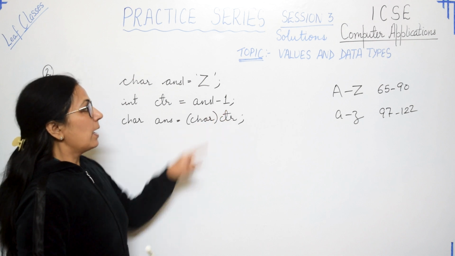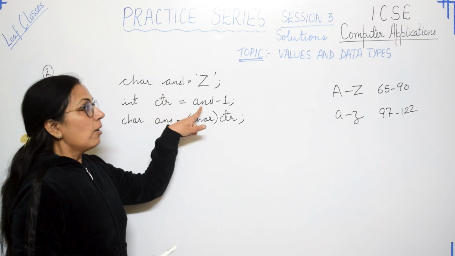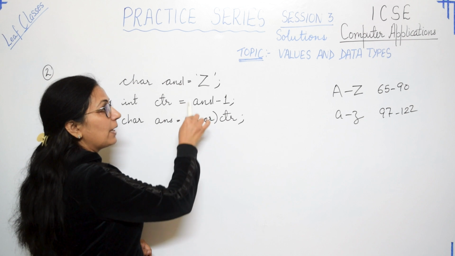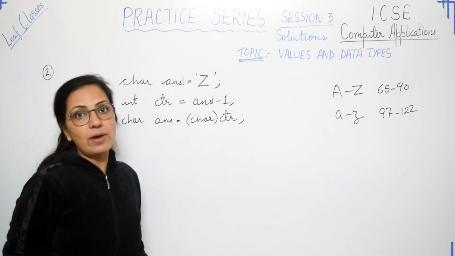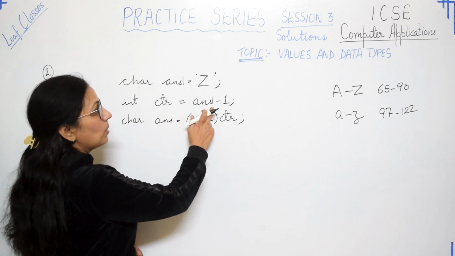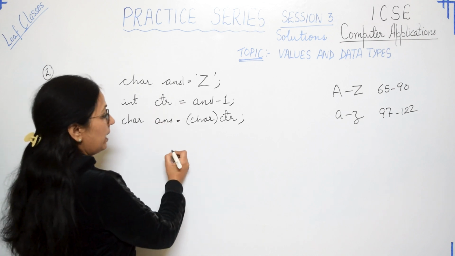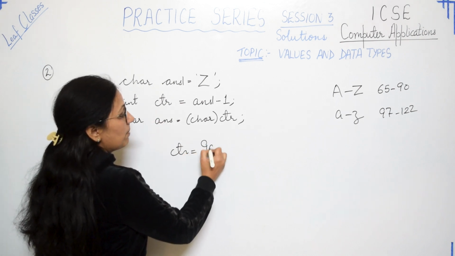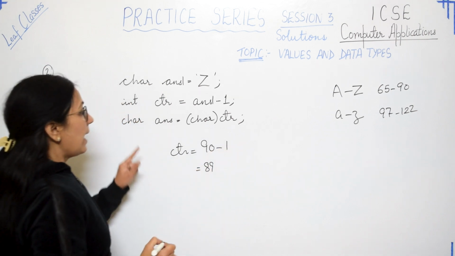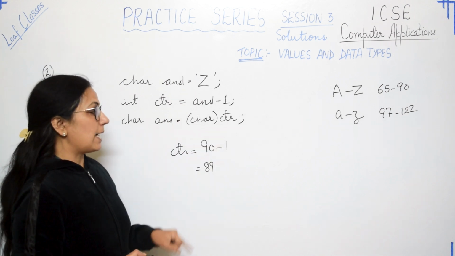ANS1 minus 1. So whenever we are trying to do any calculation with the variable which is already char type, then instead of the char value the ASCII value is taken into account. So the ASCII value of ANS1 is 90, capital Z is 90. So CTR will be 90 minus 1, so it is equal to 89, and here char ANS equals to char of CTR.